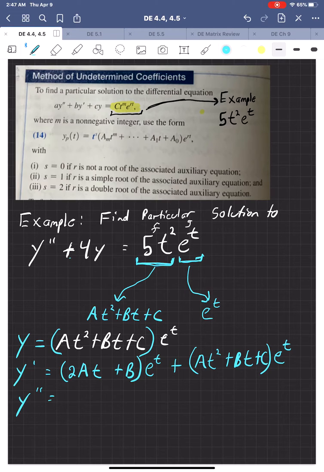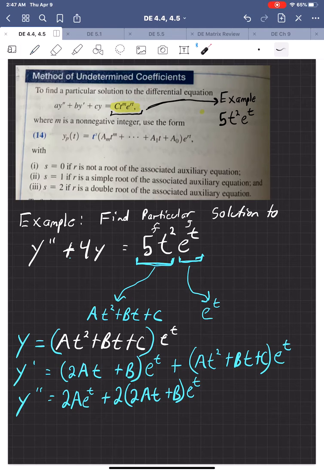You get the product rule applied twice for the second derivative. So that's going to end up being 2a e to the power of t plus 2 times 2a t plus b e to the power of t.